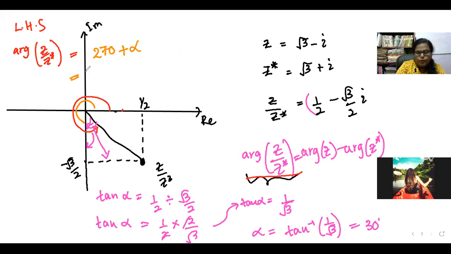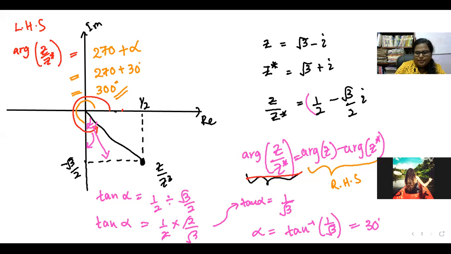So that's how you calculate the arg value. You have already found this alpha value is 30, so we end up with the arg value of this complex number z over z star as 300 degrees, right? Likewise, you can show that the right hand side of this formula is also equal to 300 degrees. We'll see the right hand side of this one also, right?